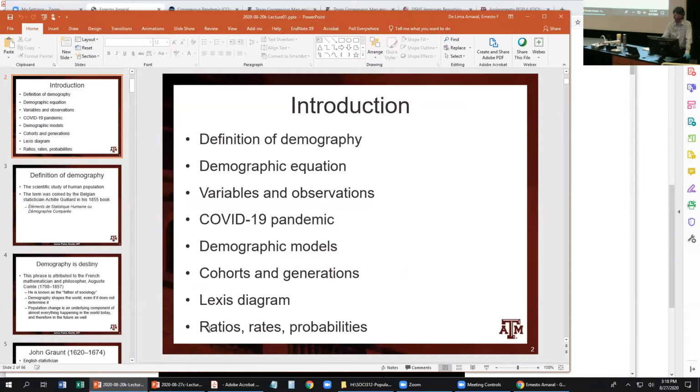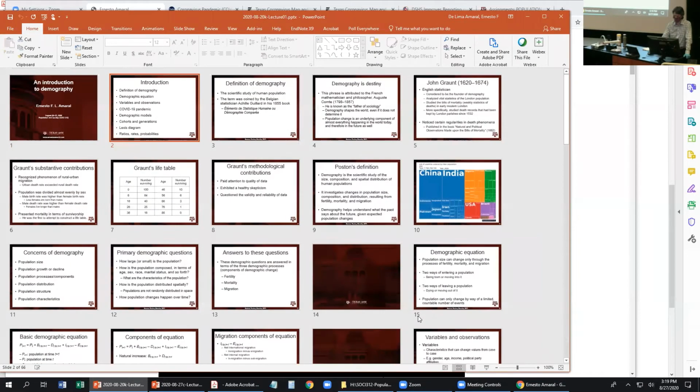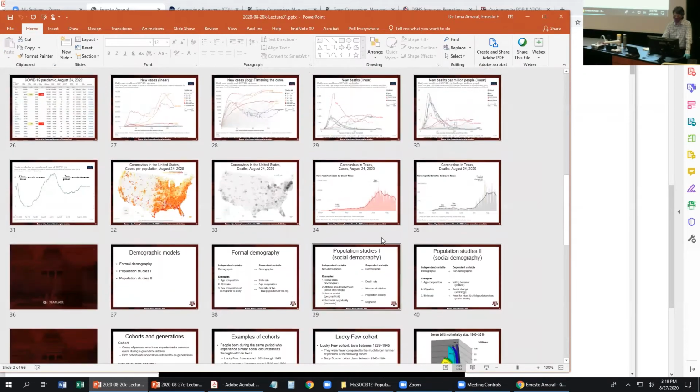The major change is adding this topic here, ratios, rates, and probabilities, which were separate lectures throughout the semester. I decided to organize them all here. And I rearranged where the topic about COVID-19 is. I put it right after we discuss what variables, observations, and databases are.